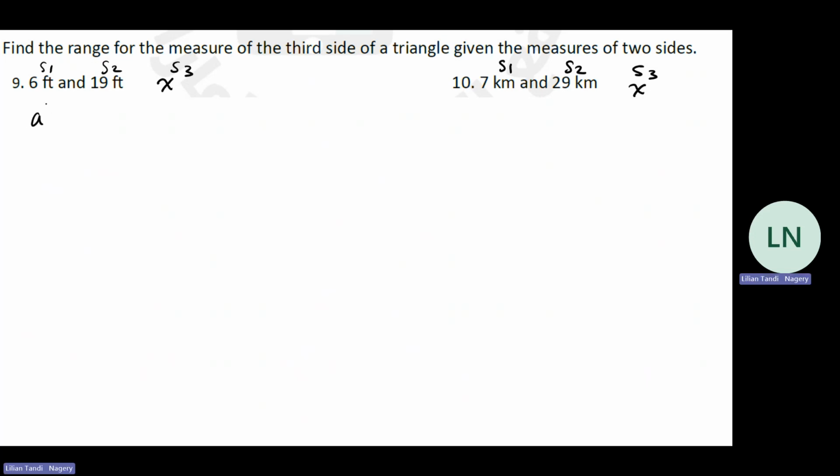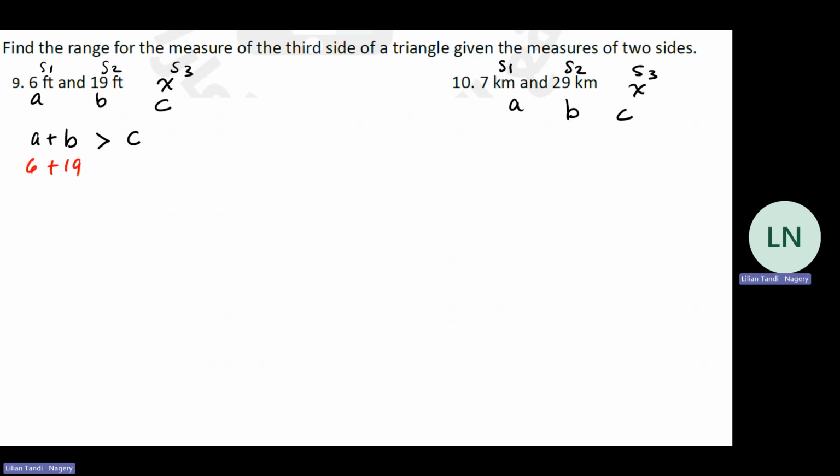Let's label them A, B, C. So A plus B should be greater than C. And then let us solve. Let us solve this one.